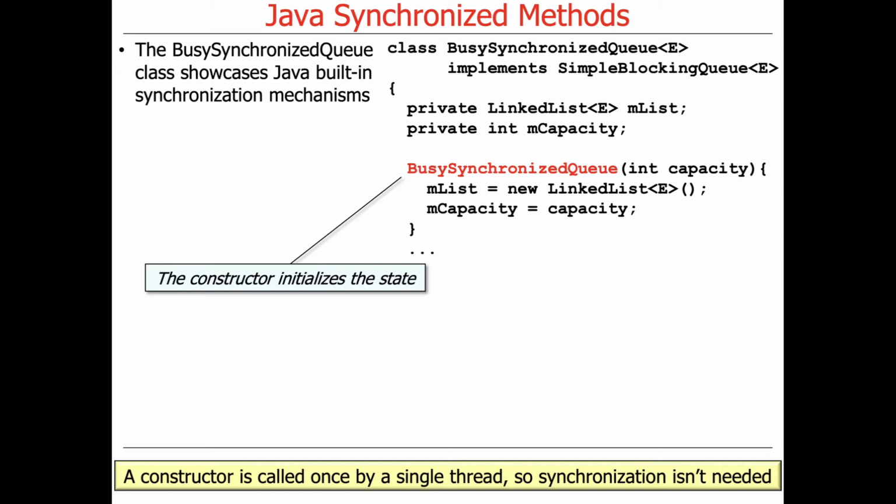So that's what this says: a constructor is only called by a single thread, so synchronization isn't needed unless the implementation of the constructor accesses some shared resource that needs to be protected. And I would not recommend doing that by requiring the constructor to be synchronized. I would recommend doing that by having the objects that it's accessing be synchronized, but that's a slightly different story.